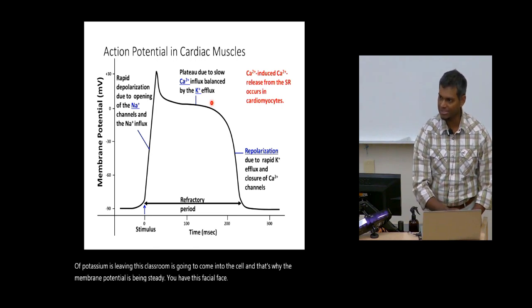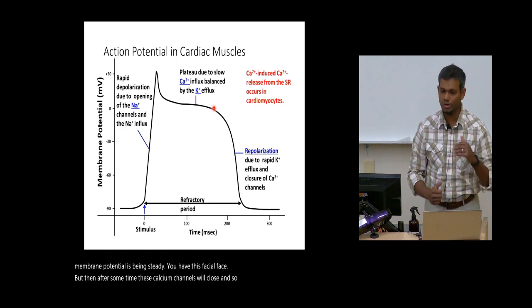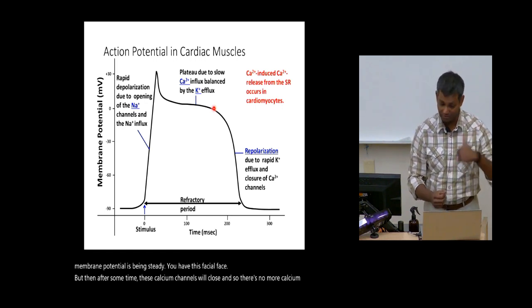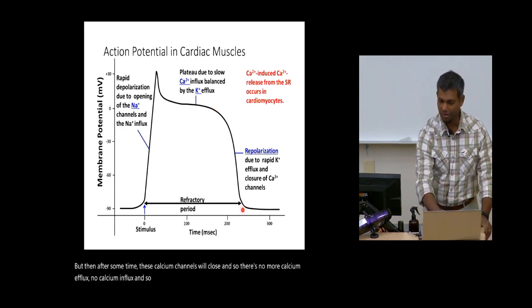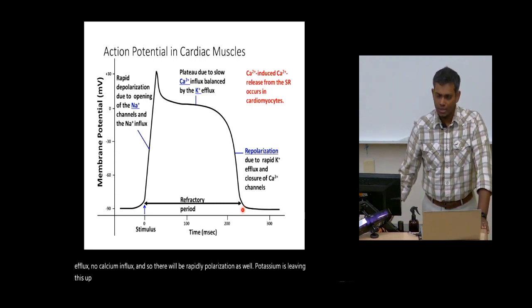But then after some time these calcium channels will close, and so there's no more calcium influx, and there will be rapid repolarization as the potassium is leaving the cell. Is this clear?